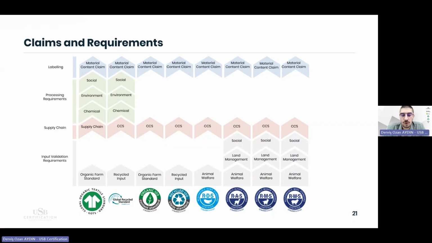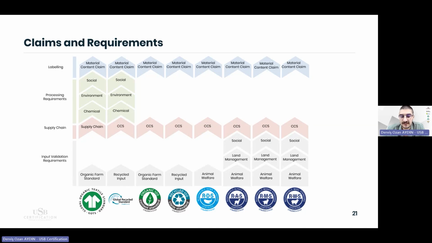So to compare all of these standards, we can check this table actually. So in general, GOTS materials come from the organic farm standards. It's similar to the OCS standard. And GRS and RCS are similar.